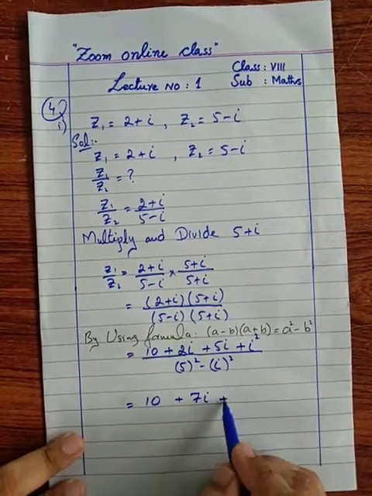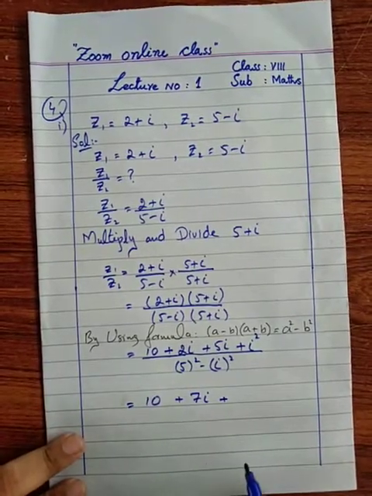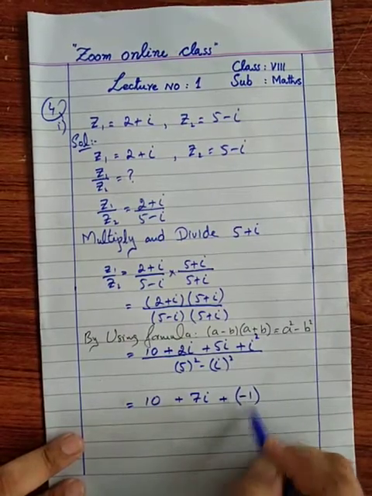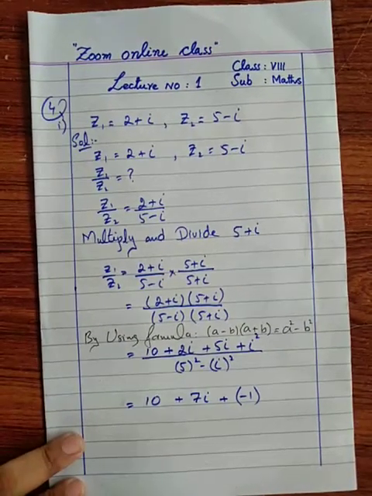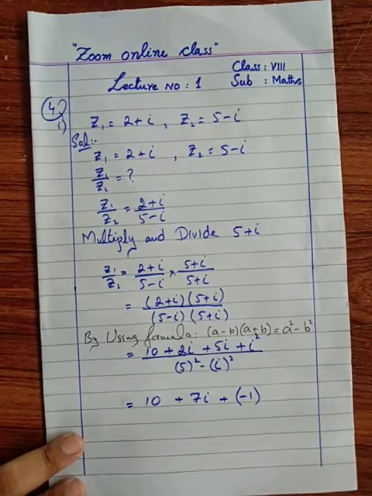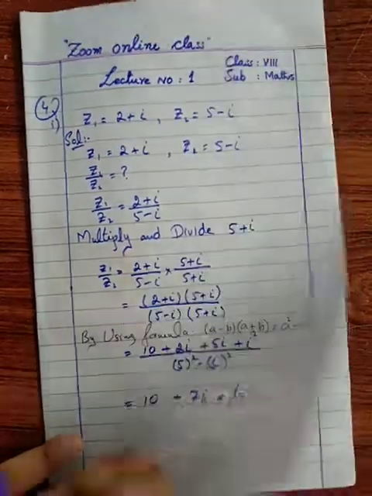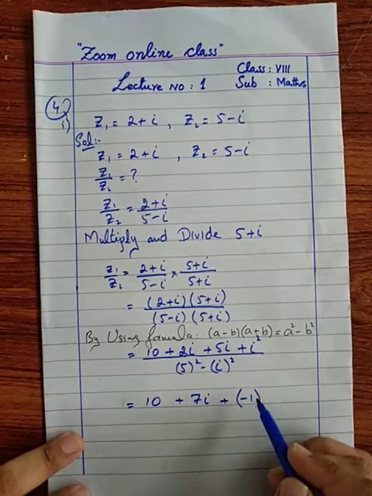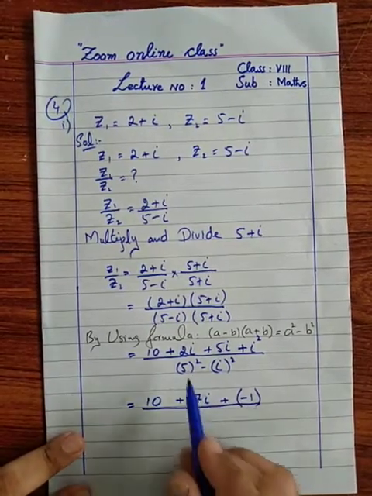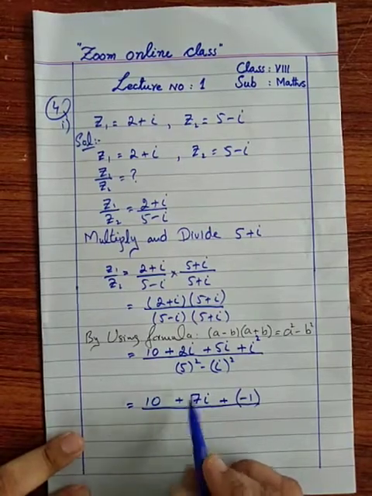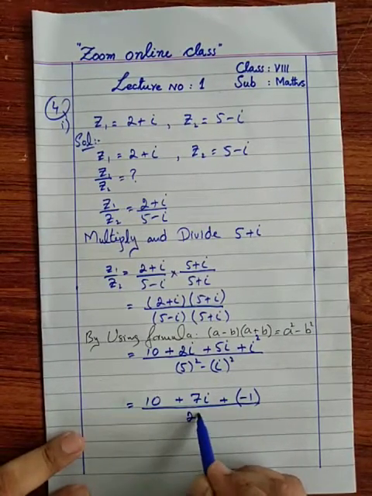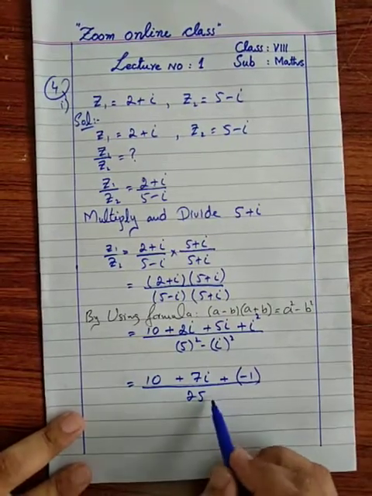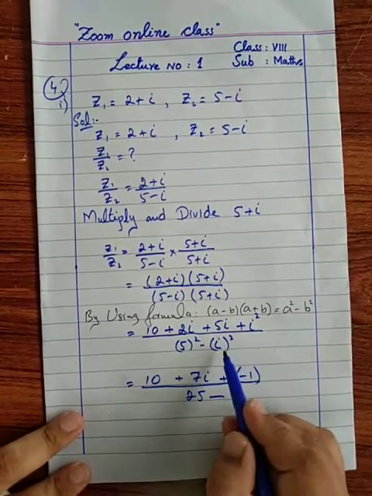And here is what? Iota square. So the value of iota square is minus 1. We already discussed in school classes the value of iota and the value of iota square. So here we put the value of iota square, and in the denominator the square of 5. So 5 squared means 25, 5 fives are 25. Then negative sign, iota square again.